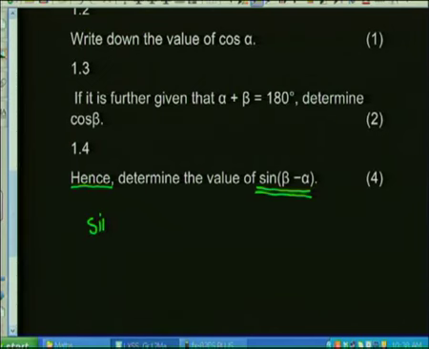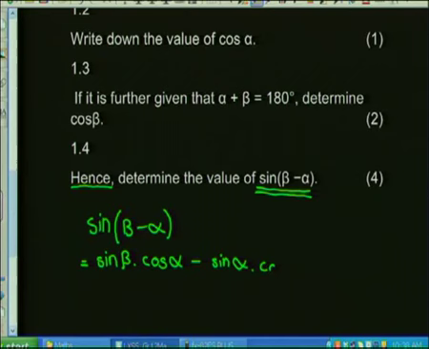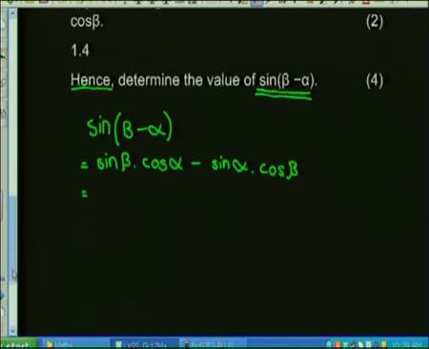We know that sine of (beta minus alpha) is going to be equal to sine beta times cos alpha minus sine alpha times cos beta. And that you could get from your formulae sheet.